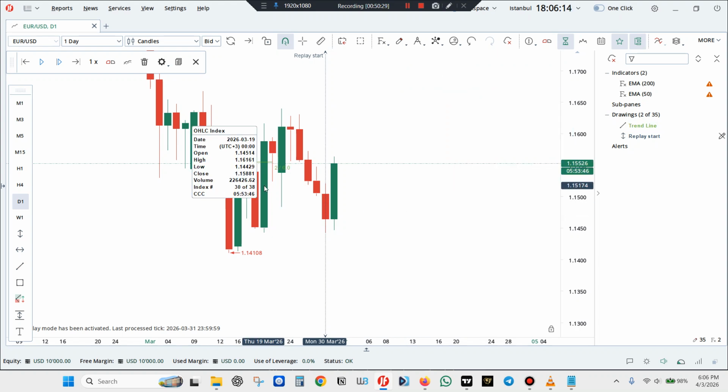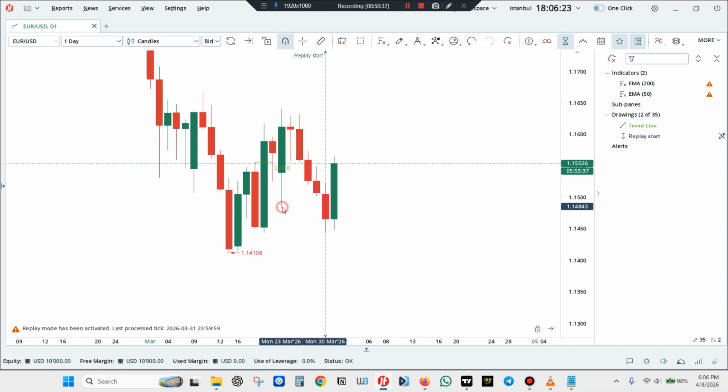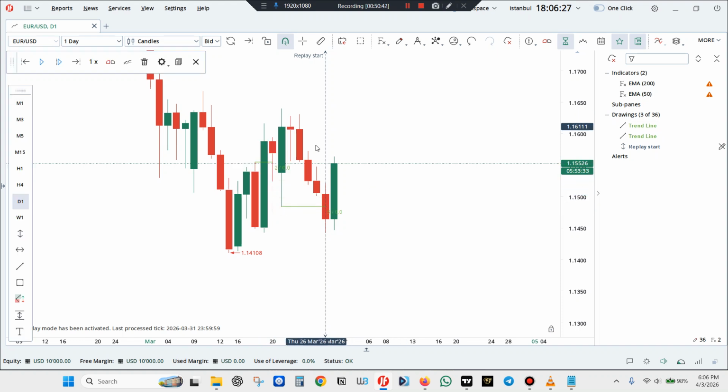Only for it to be invalidated and the price went bullish, and we had this day also closing bullish, so we had this as our bullish trailing level. Then price came down, invalidated our bullish, and now at this point we were bearish.